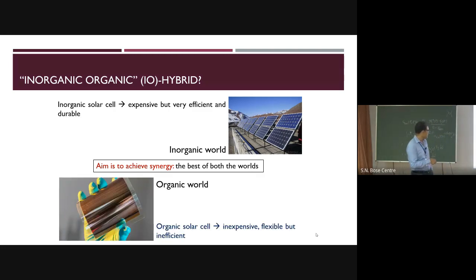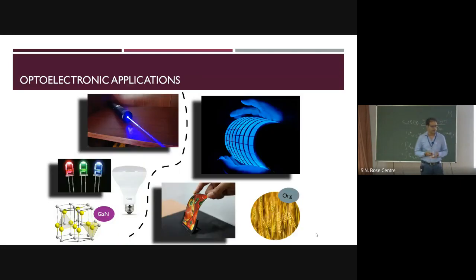That's why we introduced the organic world. It is inexpensive and also fine, but it's very inefficient. So the idea is, can we make some synergy of both worlds, inorganic and organic? If we can, then we can get the best out of that. It's also the idea of making a flexible screen.